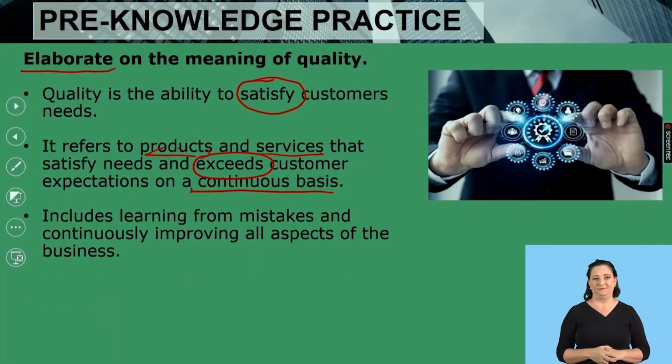But quality says that I need to be satisfied beyond my expectation. So every time I eat this burger, there must be something that makes me want to come back and buy that same burger, which is why they say quality must be maintained on a continuous basis.